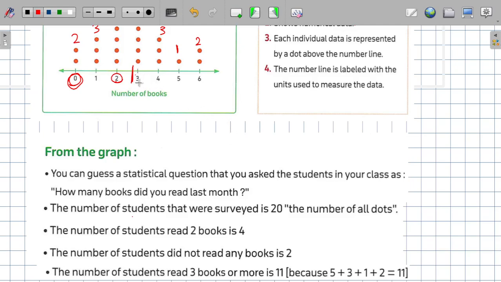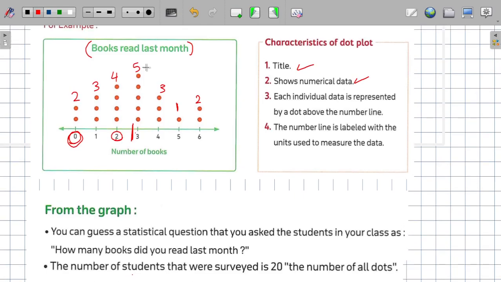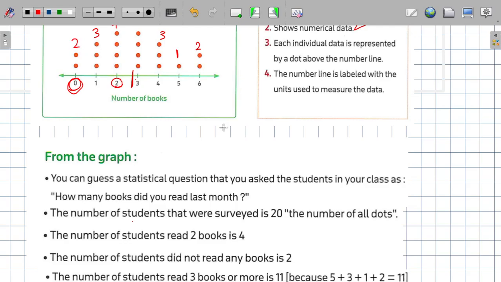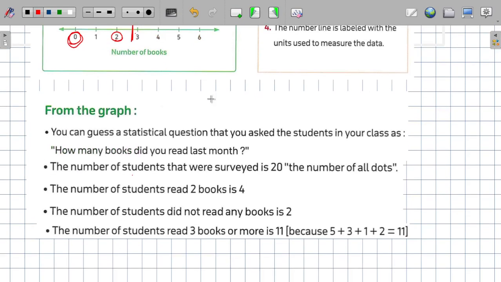So I can say 3 or 4 or 5 or 6. So I will count all of these dots to get the number of students. So I have here 5 plus 3 plus 1 plus 2 equals 11. So I can say the number of students will be 11. Okay, and this is the first type of representing data.